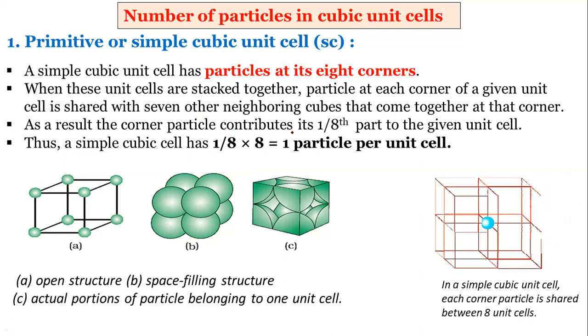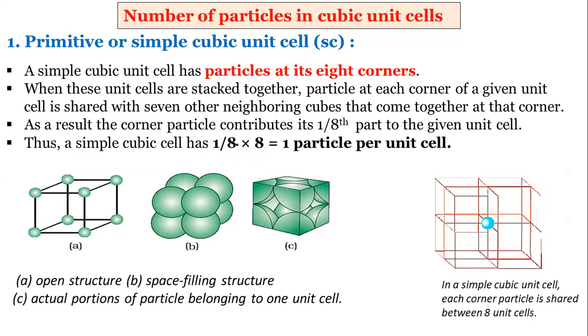So the corner particle contributes its 1/8 part only. In this C diagram, we can clearly see the actual portion belonging to the unit cell. We can see here 1, 2, 3, 4, 5, 6, 7, 8.